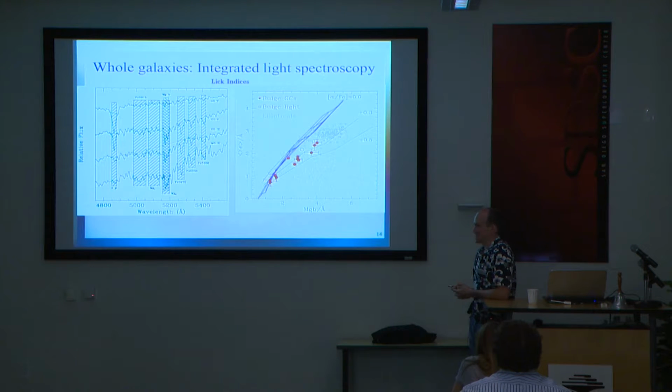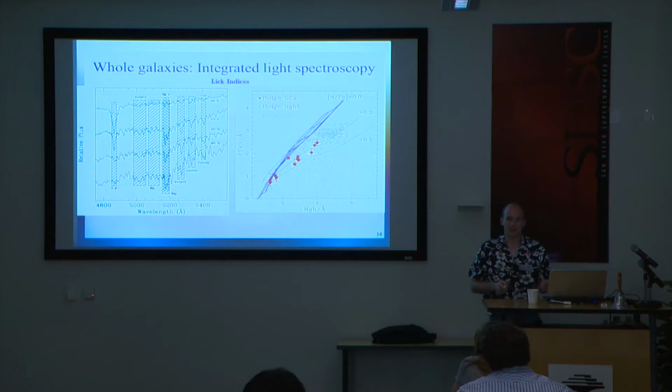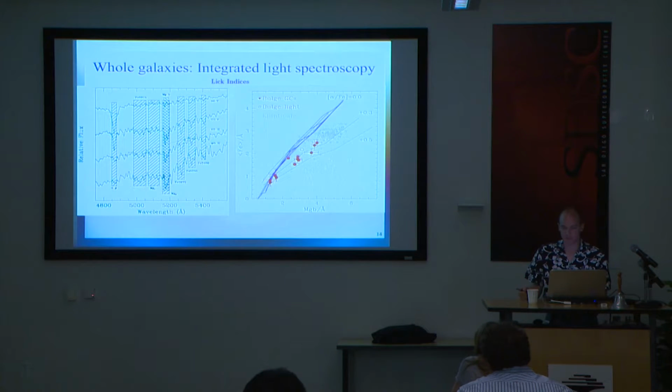Take the difference between them, and then you get how much absorption is in that particular metal-sensitive feature. Then there are models of how much absorption there is based on which chemical abundance you're looking at. For example, if you plot the equivalent width of this iron feature versus the equivalent width of this magnesium b feature, you can draw these models through that space that tell you the alpha to iron ratio of that entire population of stars.